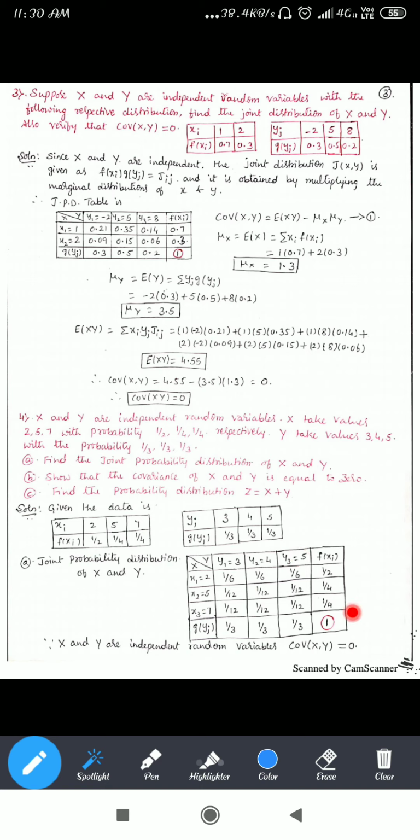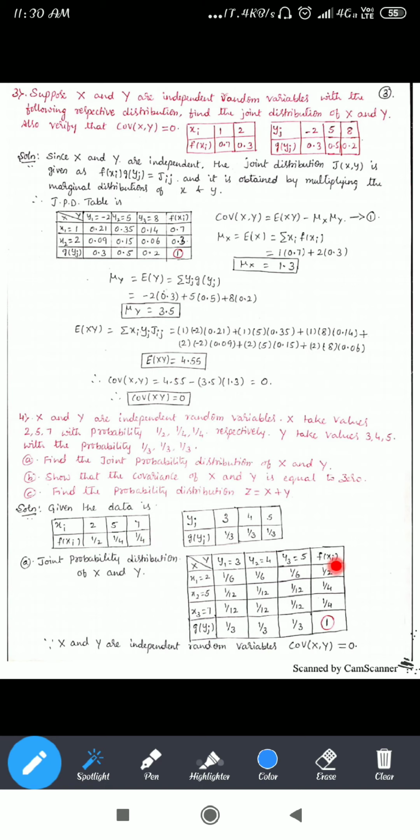Yes, you have to multiply. That is the condition. Definitely you will get 1. If you add these probability function values, you will get 1, that is for sure.